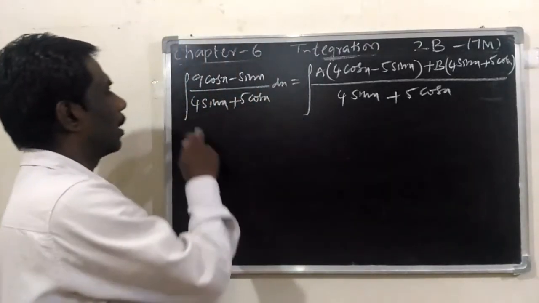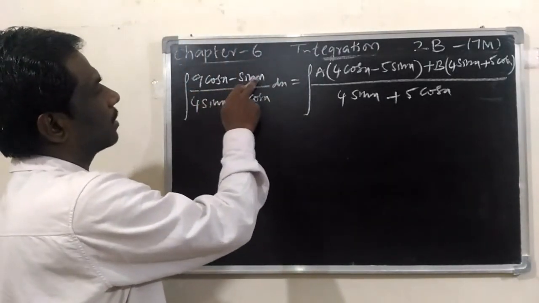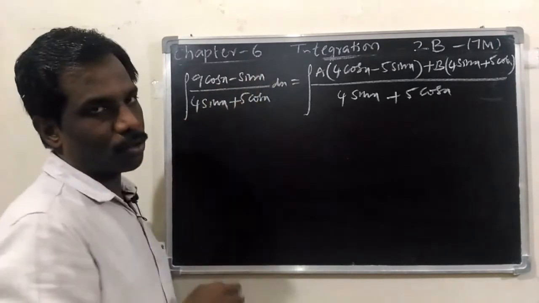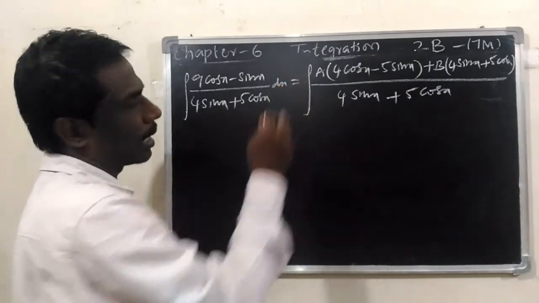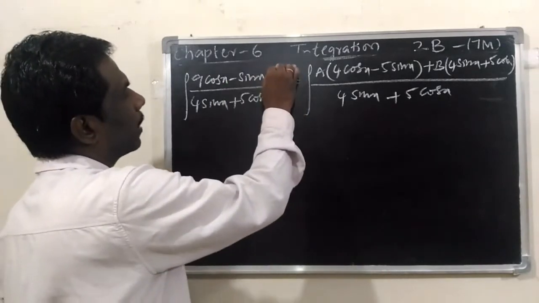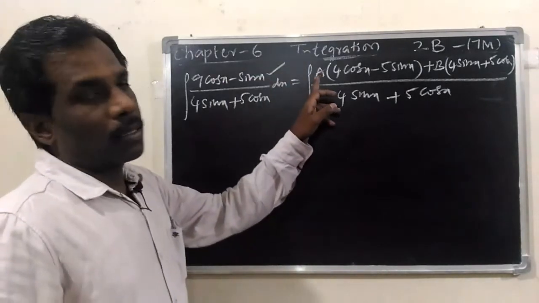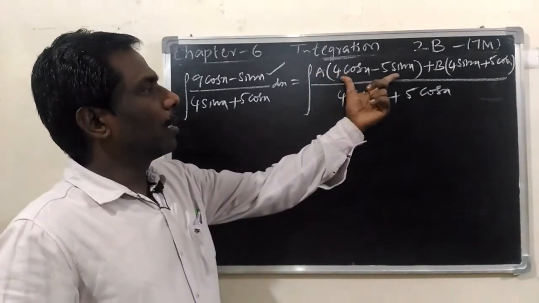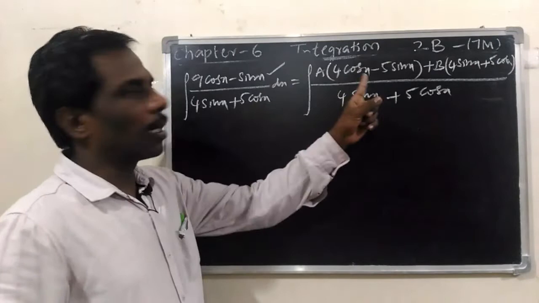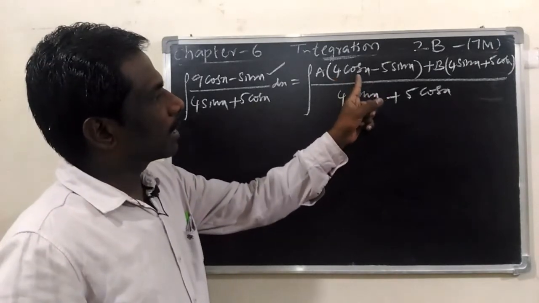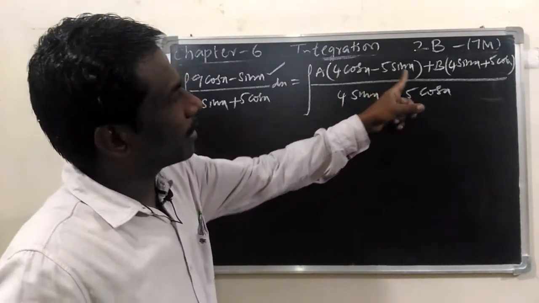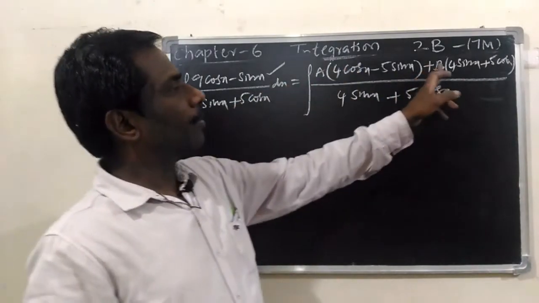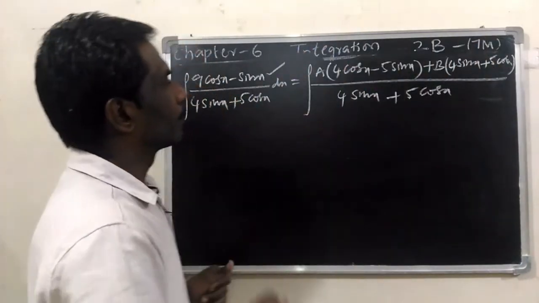Yes. The question is the integral of 9 cos x minus sin x by 4 sin x plus 5 cos x dx. This is equal to the integral. In place of this numerator we can write a into d by dx of the denominator, that is 4 cos x minus 5 sin x, the differentiation of the denominator, plus b into the denominator.